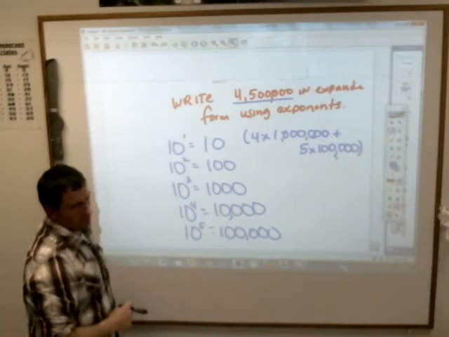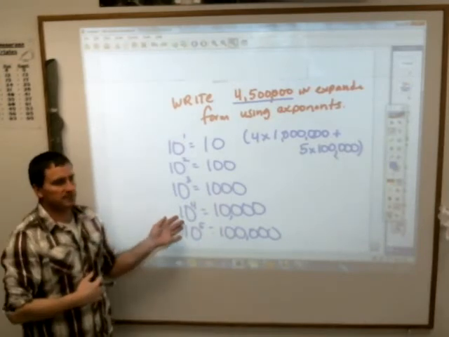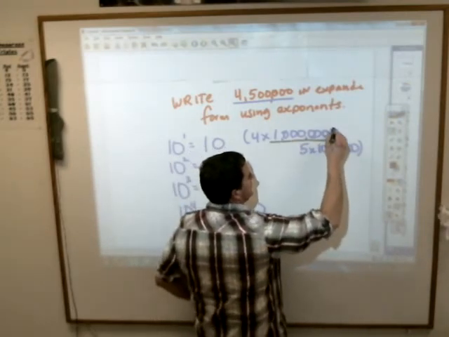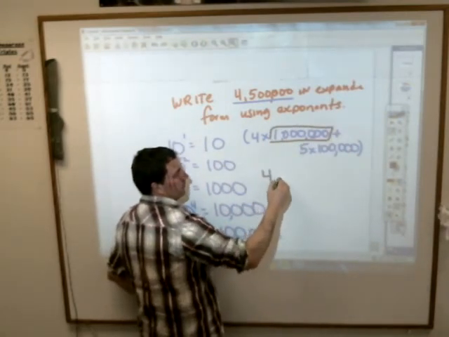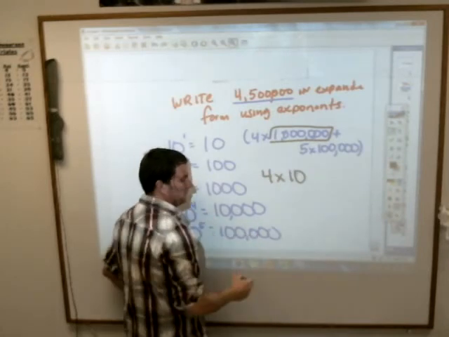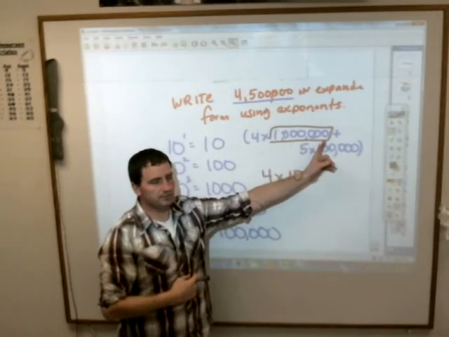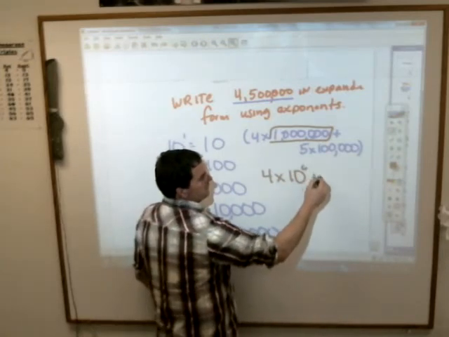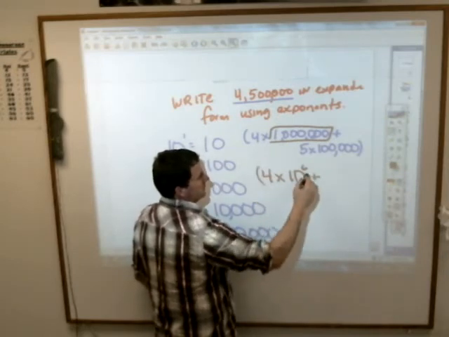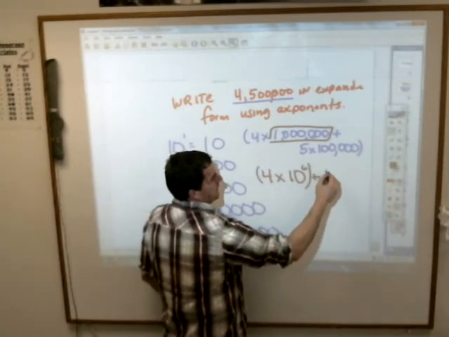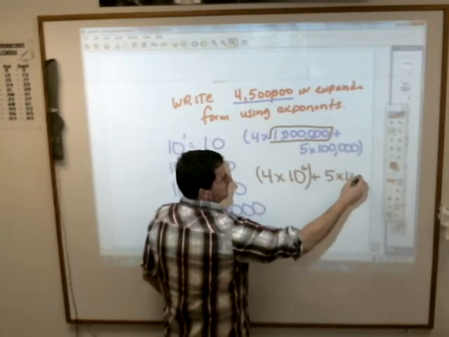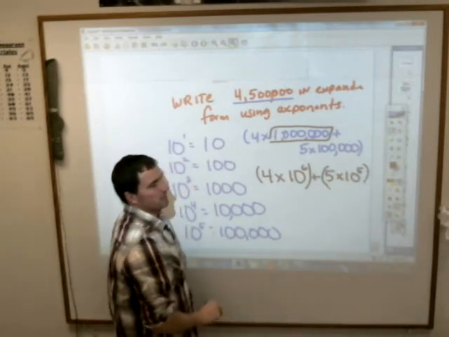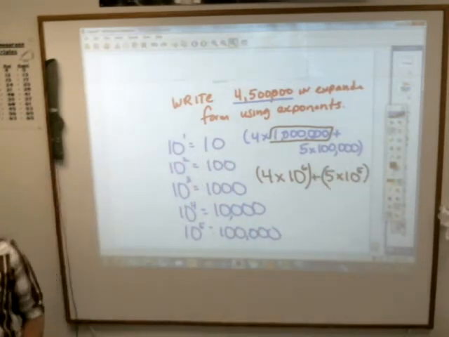But since they asked you to write it using exponents, rather than writing out this great big 1 million, you're going to write it as 4 times 10 to the, how many zeros does a million have? 6. So it's 10 to the 6th power, plus, maybe we put this in parentheses, plus 5 times 10 to the, well, how many zeros in 100,000? 5th power. So it's a lot shorter and a lot quicker to write rather than writing all those zeros out there.